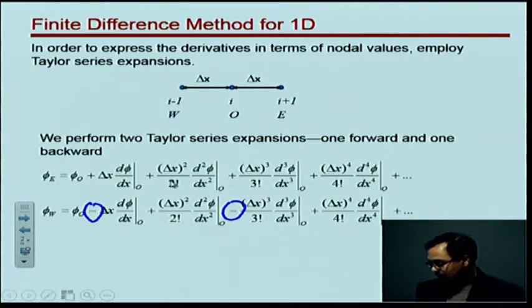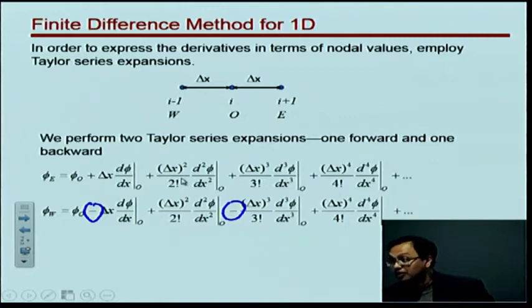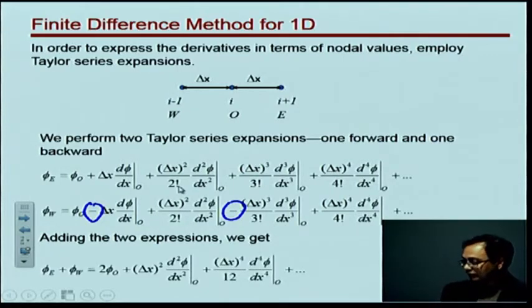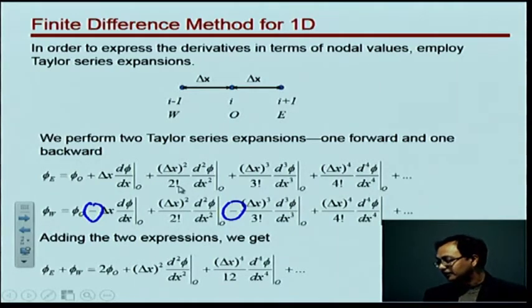When we add the two expressions, this is what we get. On the left hand side, we get phi east plus phi west, and then we have 2 phi naught, and then you see the first derivative cancels out. The second derivative, on the other hand, gets added up.